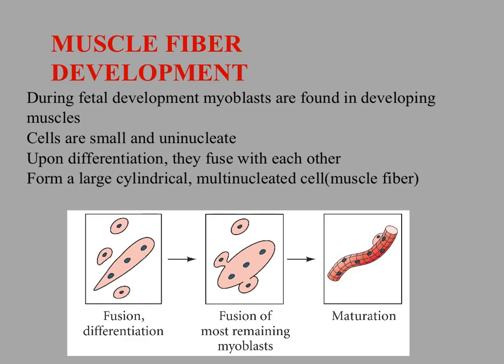As far as how muscles develop, fetal development, you know that skeletal muscle cells are multinucleated. When they're fully differentiated in their adult form, they have many nuclei that you can see right here, right? All of these are nuclei. But they don't start out that way.